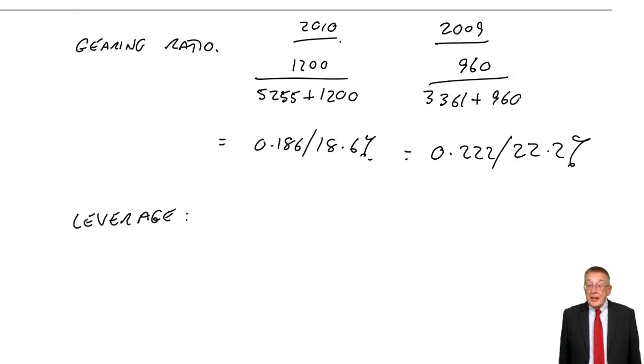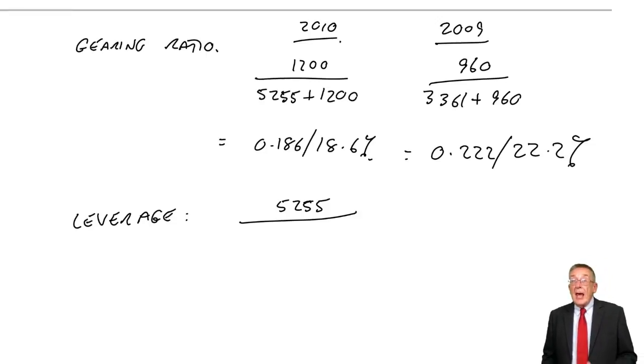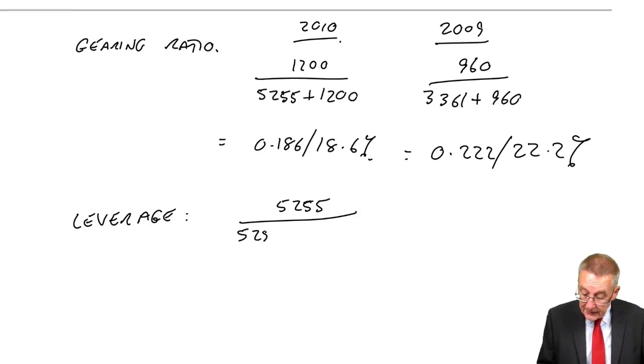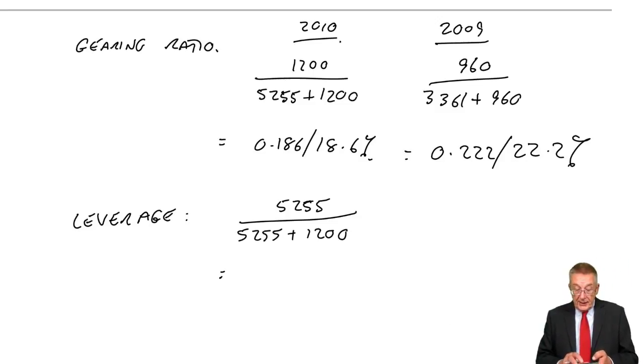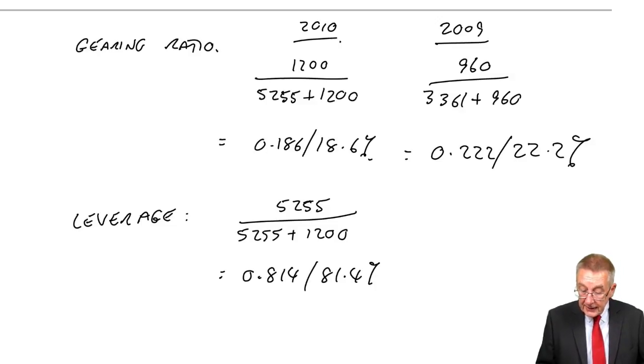It's really another way of writing the same thing, but instead of saying how much of our total is from debt, we'll do the other way around and say how much of the total is from shareholders. So in 2010, from shareholders is 5,255, out of a total long-term finance, as before, which gives us 5,255 divided by 6,455, 0.814 or 81.4%.